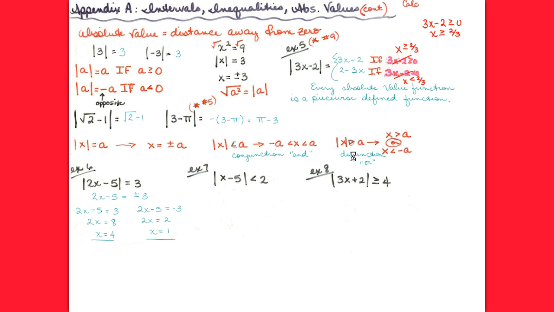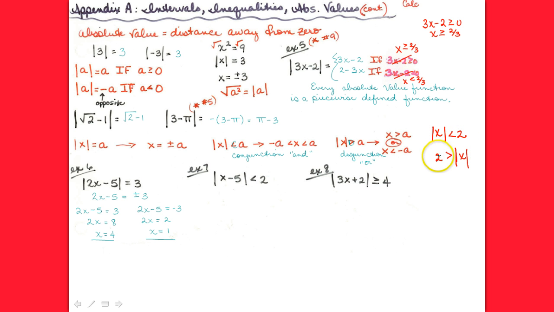Now, if you want to use that little shortcut for determining if it's a conjunction or a disjunction, the only thing that you have to be careful of is you can write inequalities a couple of different ways. Like the absolute value of x is less than 2. That's the same thing as if I turn it around this way, right? Little n towards the x, big N towards the 2.